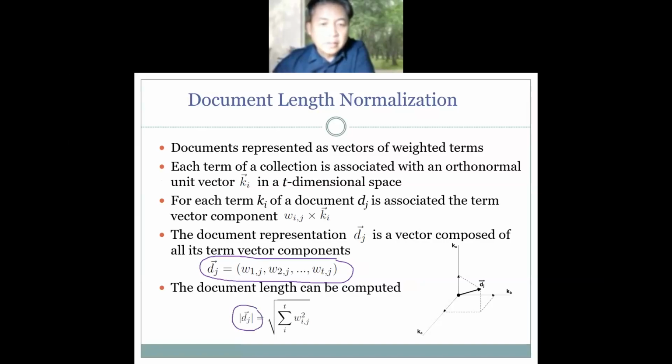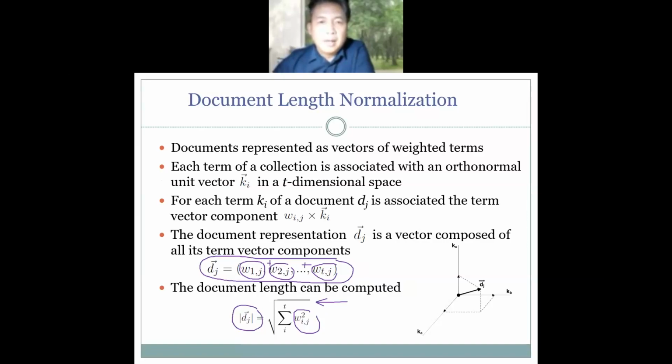Okay, so the document length, the size of the document, can be computed by squaring this and then adding up all the values. Square this plus square this and so on. We just take the square of the weightage of each of the keywords, add them together, and then take the square root.